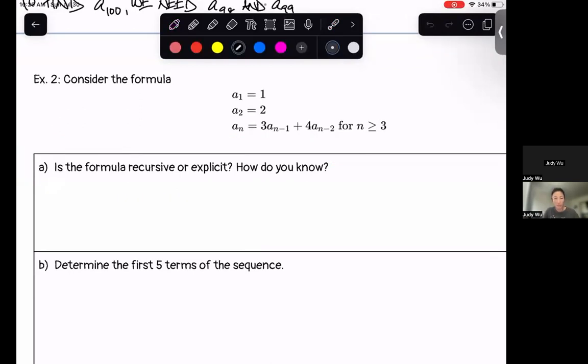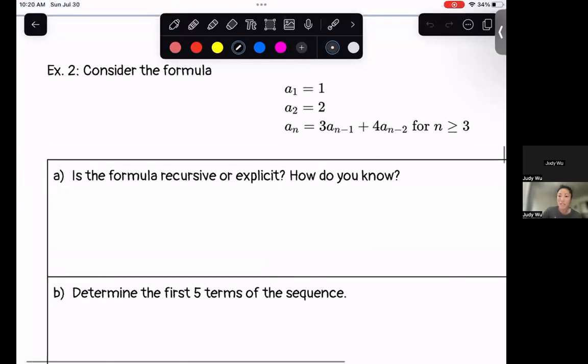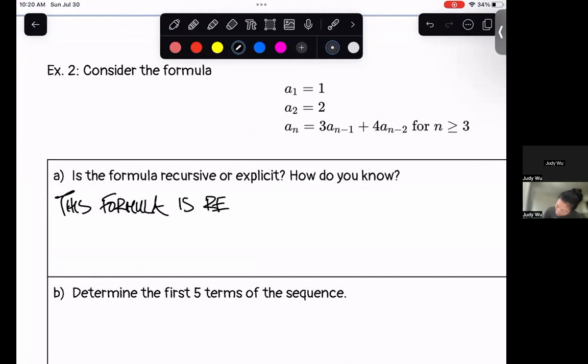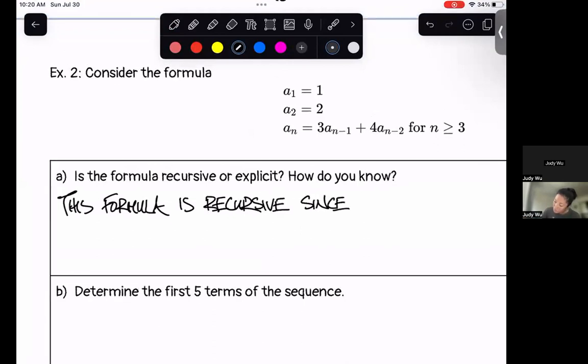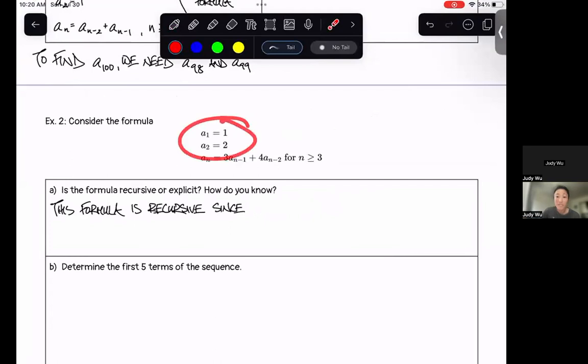All right, so being able to tell the difference here is important. And I hope by comparing this to the examples in the previous video, we can say that this formula is recursive since we are given some starting terms and then what to do with those terms.